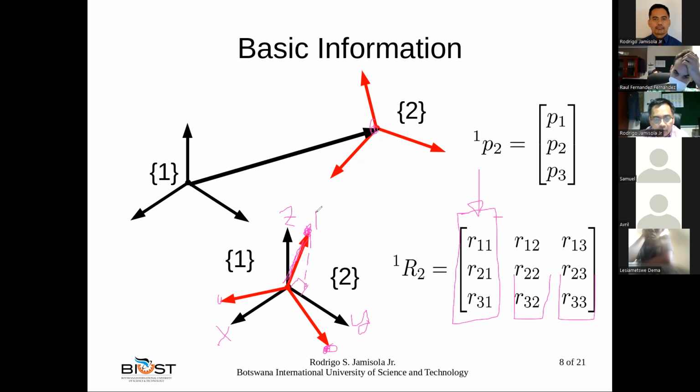Maybe we call it P, or maybe H. Let's just call it H. So this is H of X, this point is H of Y, and this is H of Z. So those are the 3 components: HX, HY, and HZ.